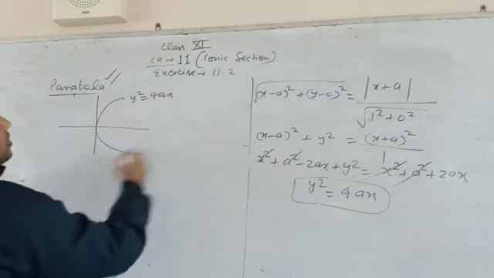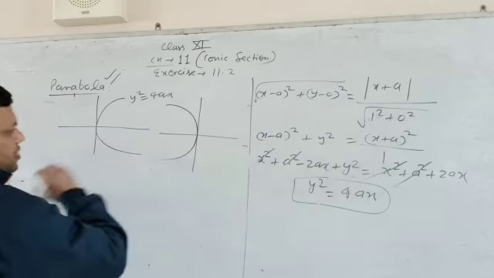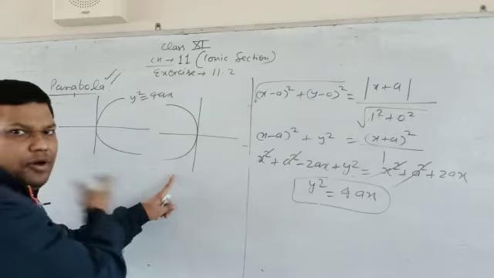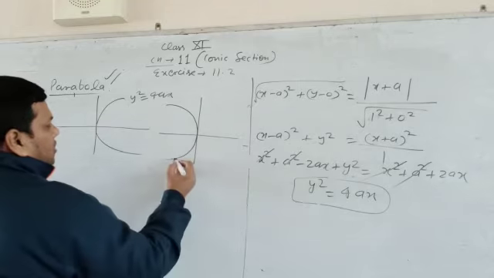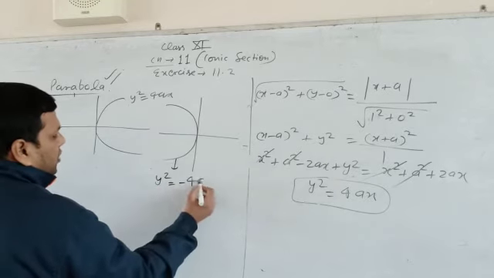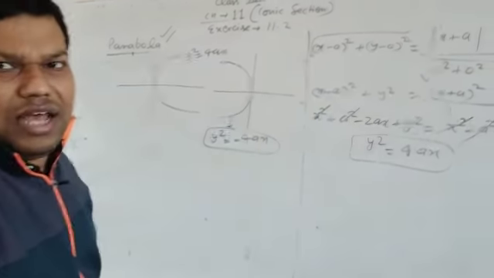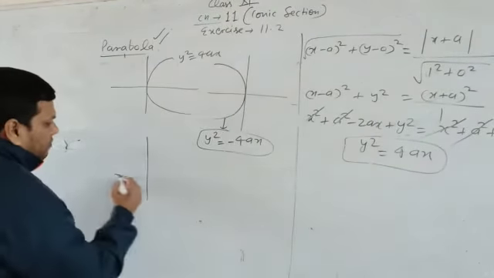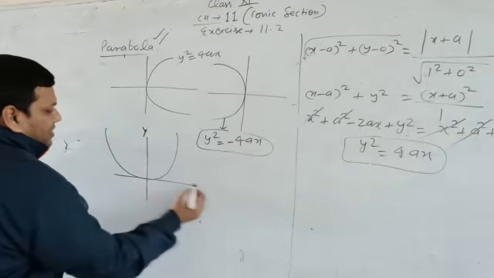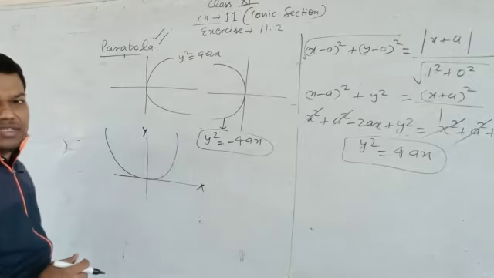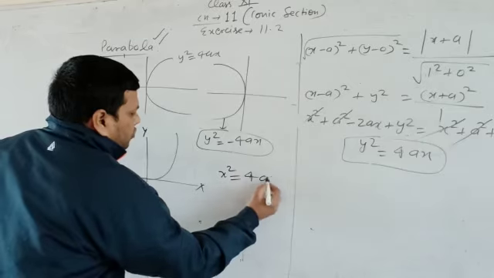Now the second one, if the face is on the opposite side of what we have learned in the first one, then the equation will be y square is equal to minus 4ax, right? Again, if you can see here, in the downwards, I have a parabola like that, symmetrical about the y-axis. What will be the equation of that? That is x square is equal to 4ay.